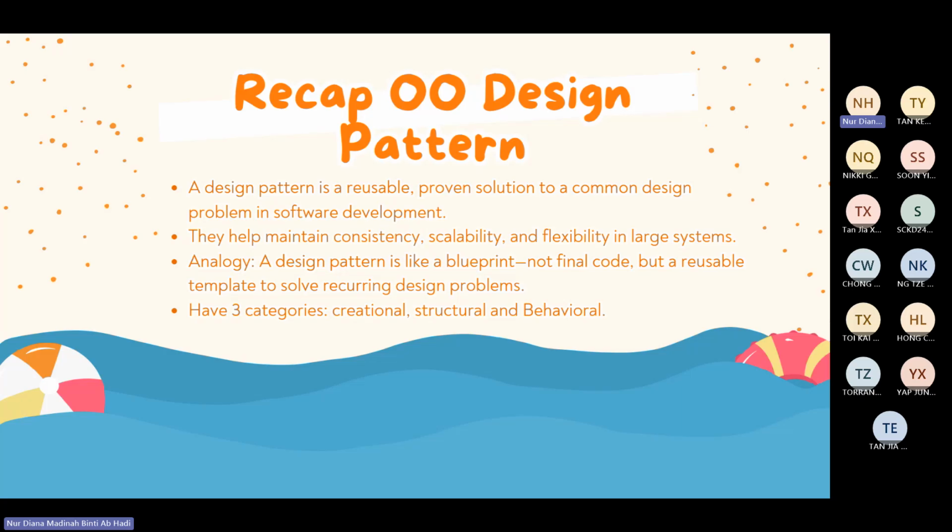There are three categories: creational, structural, and behavioral. Do you still remember the patterns inside design patterns? What are the subtypes or examples? You have a lot, but I explained this during your design pattern part.